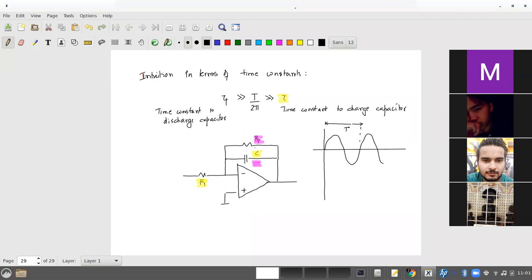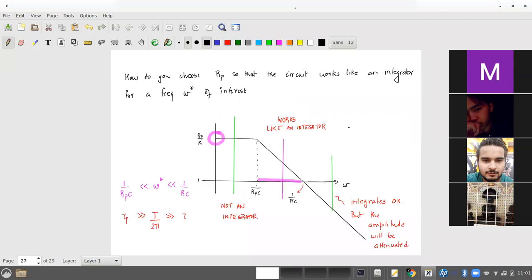There's one more point I want to make. If my frequency were in this range, what kind of operation is happening? You are integrating, but you are attenuating. So effectively, if you have an input in this frequency, you're not going to get much output at all.